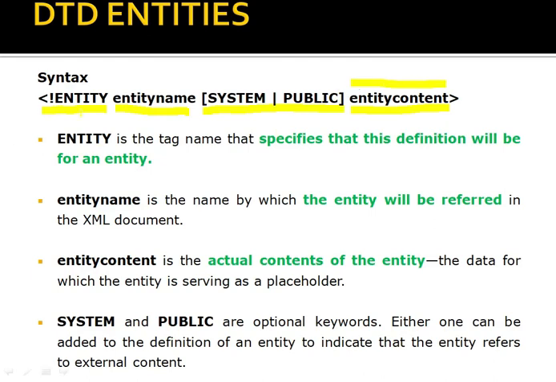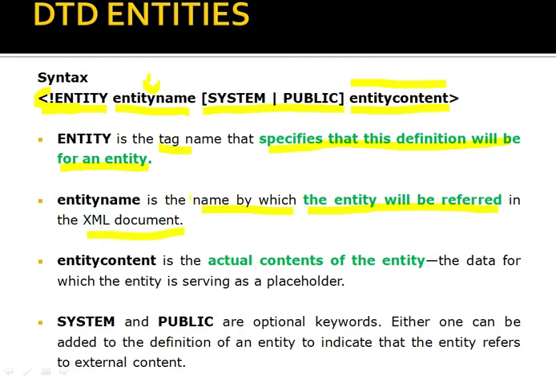In the syntax, ENTITY is the tag name, a keyword that tells the parser that this definition will be for an entity. It is followed by the entity name, the name by which the entity will be referred to in the XML document.